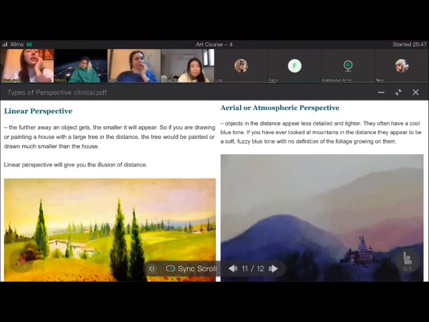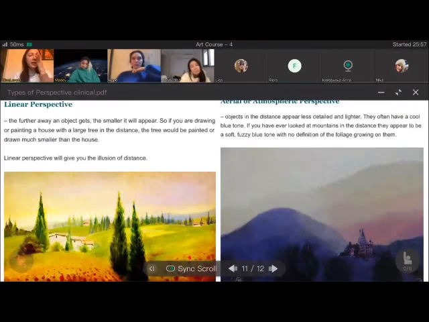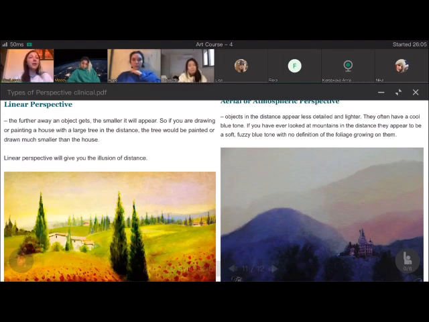There is also linear perspective. In perspective, there is such a thing that's called linear perspective. Don't get too confused. Don't worry much about it. Linear perspective is basically the further away the objects are, the smaller they will appear.